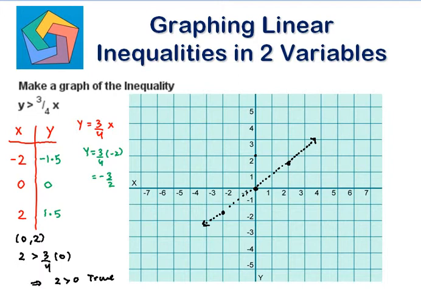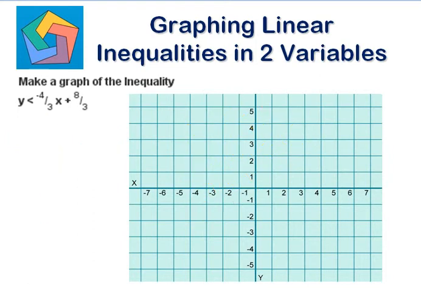So we'll shade the area above this. So the region above this will be the solution for this inequality. This is how the graph will look. If this inequality was false, then we would have shaded the region below.